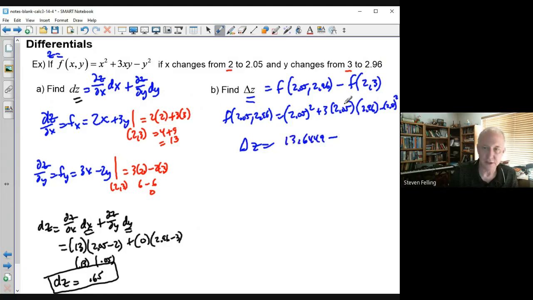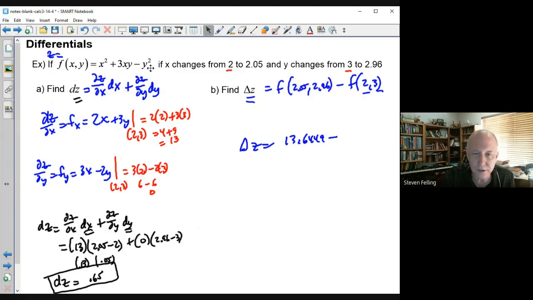Then if we evaluate this with 2 and 3 plugged in, for x, 2 cubed plus 3 times 2 times 3 minus 3 cubed is going to be, oh, that's not right. Something's wrong here.